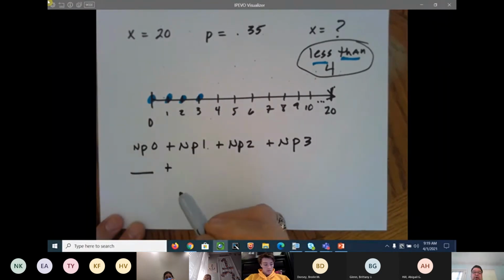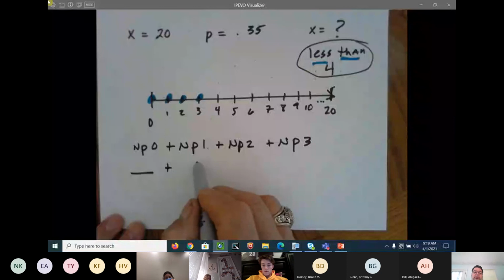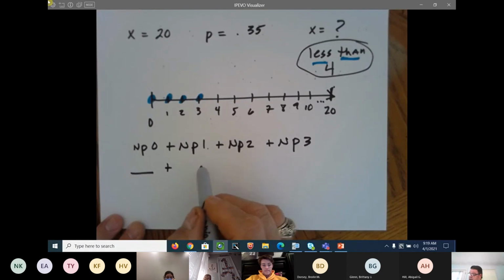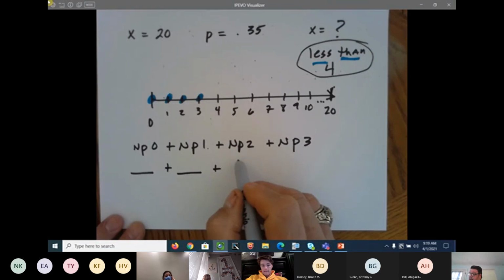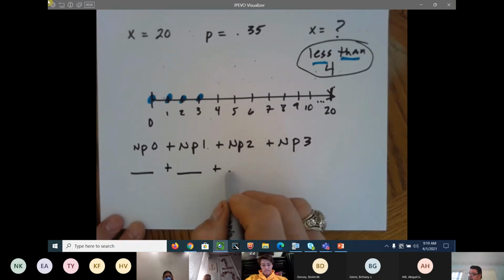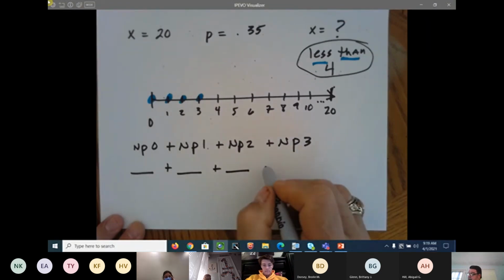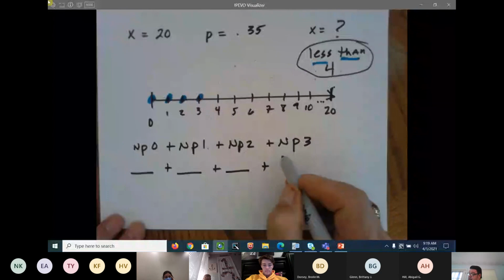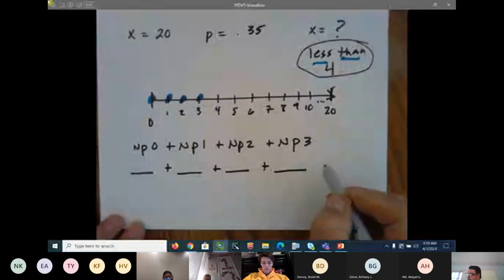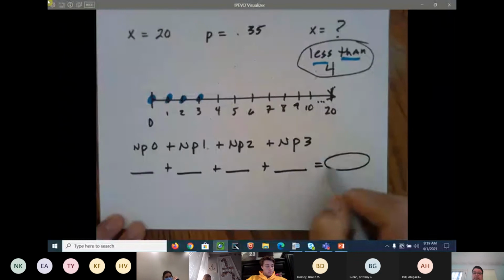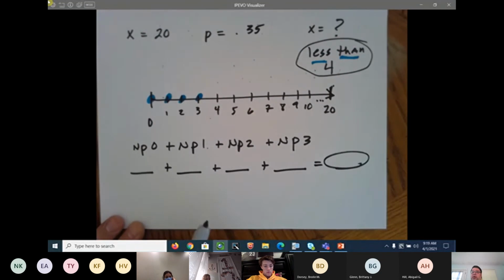Then second vars, 20, 0.35, 1 and write that number down. And then second vars, 20, 0.35, 2, write that number down. And second vars, 20, 0.35, 3 and write that number down, and then there's your answer. Now that's the long way to do it.